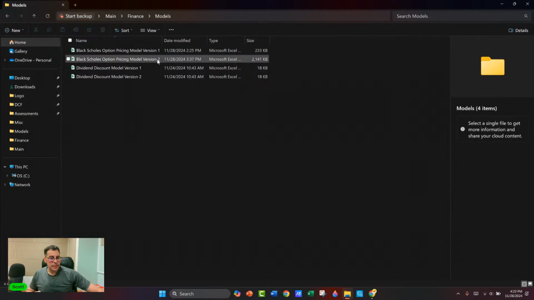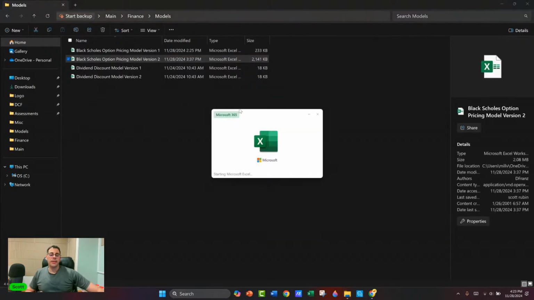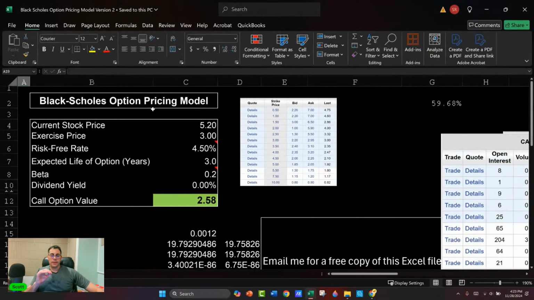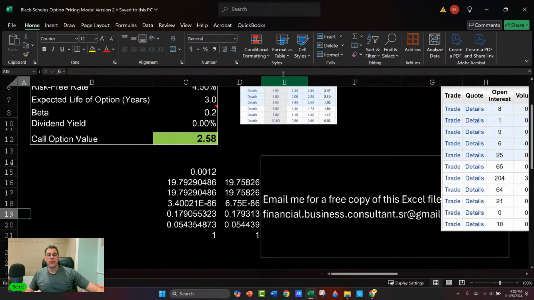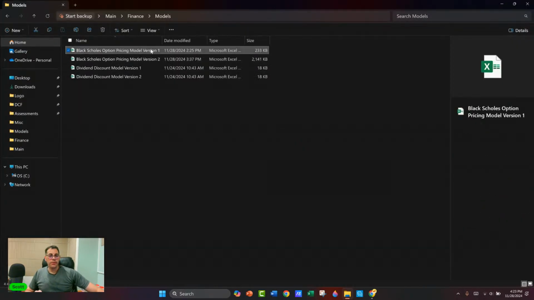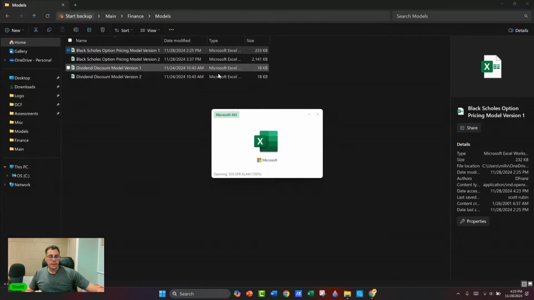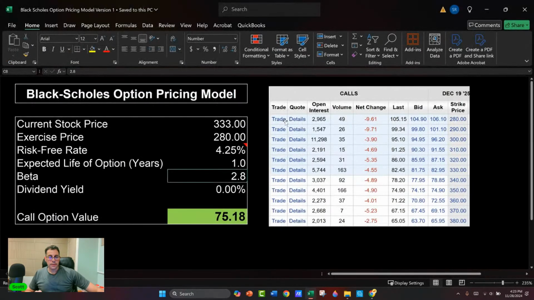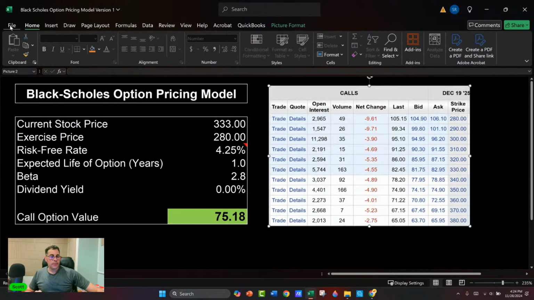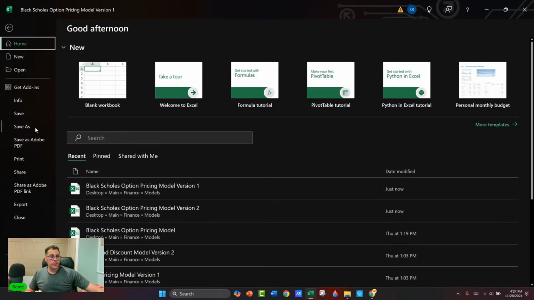Models, I think version 2. Yeah, I saved. It doesn't matter. I always keep version 1. I just set it up so version 1 is the one I email to people, and version 2 is the one I update and play around with. I guess it doesn't matter.